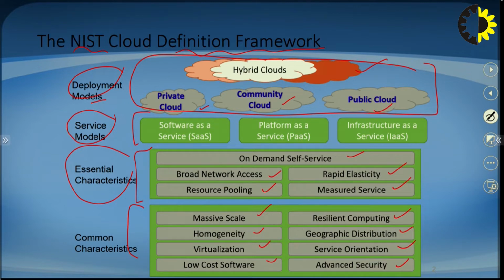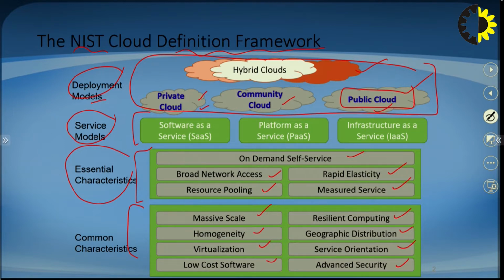What are they? Here we can see, this is the private cloud and this is the public cloud. So what is the meaning of public cloud? Let us see one by one.